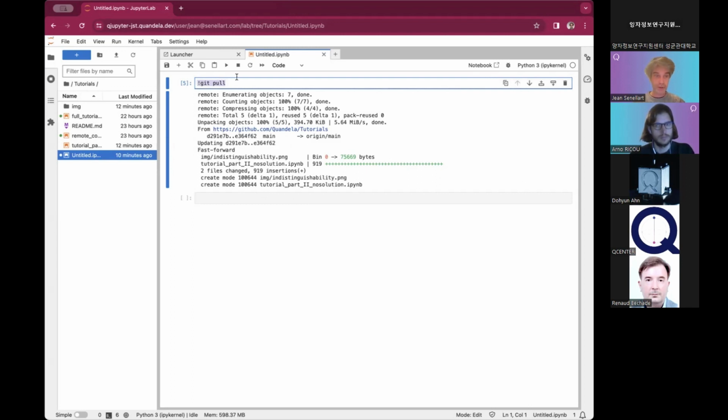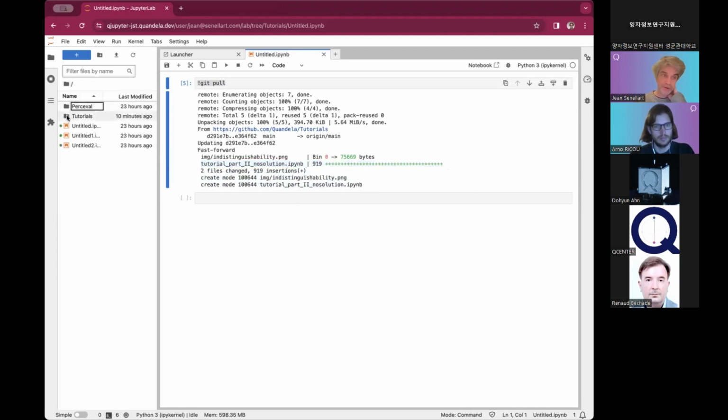If everything goes fine, you get exactly this message, and the line to check is this one: you should see tutorial part 2, no solution displayed there. Then go back to your directory and check that the file is correctly there. Tutorial part 2 should be in your files, so please check that. If anybody has a problem, please let Arnaud know.